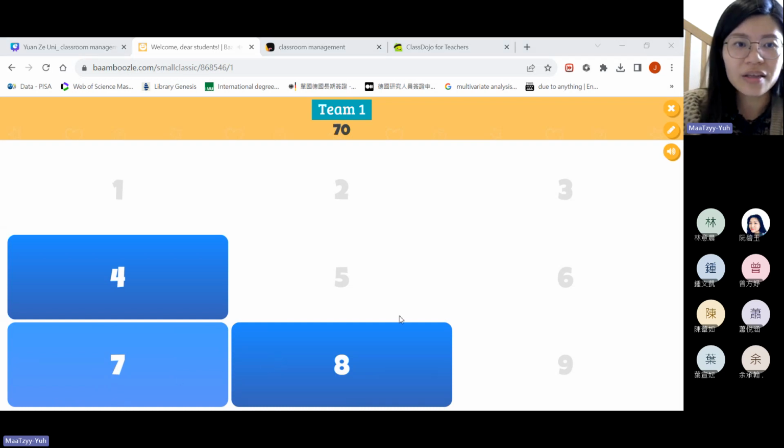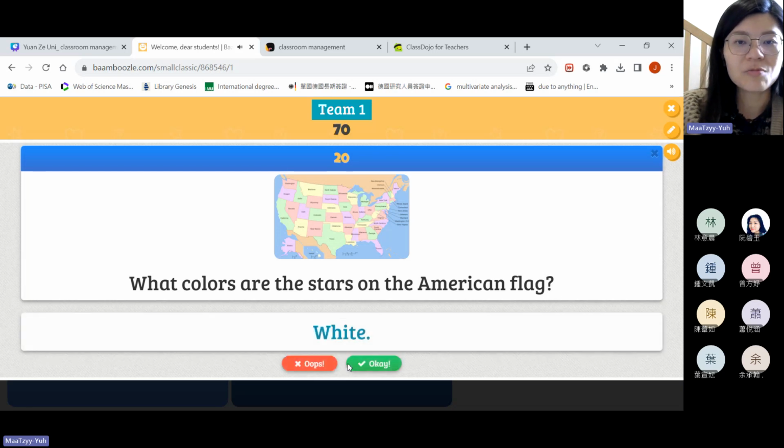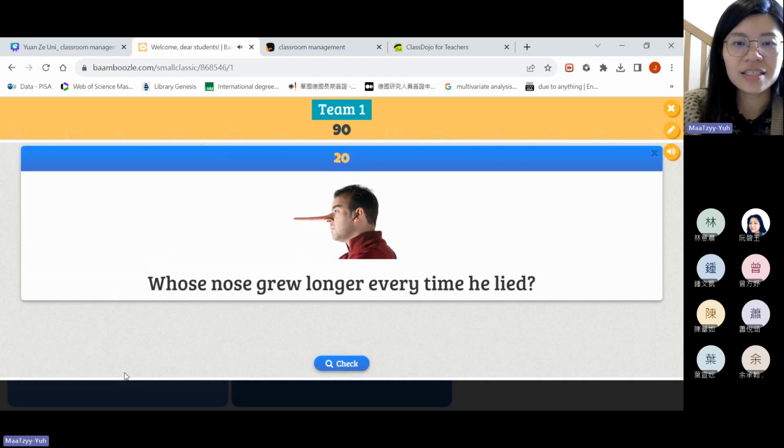All right, and I think we only have so few people here, so let's finish some questions here. So they will say, what colors are the stars on the American flag? I think you know this one. It will be white. And then whose nose grew longer every time he lied? Do you know about this one? Can you please type or say it in the chat box? Whose nose will grow longer?